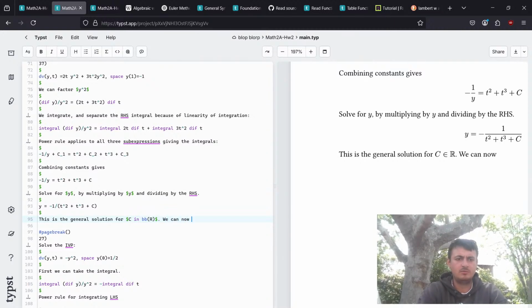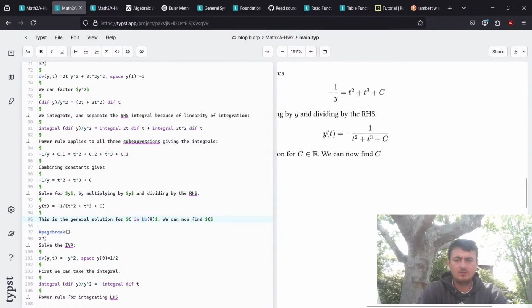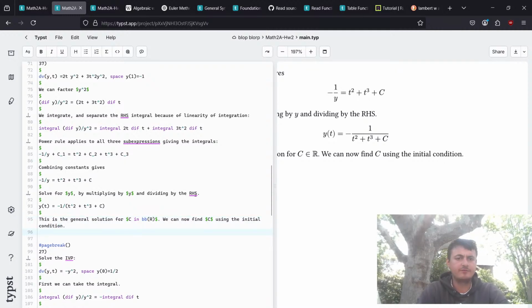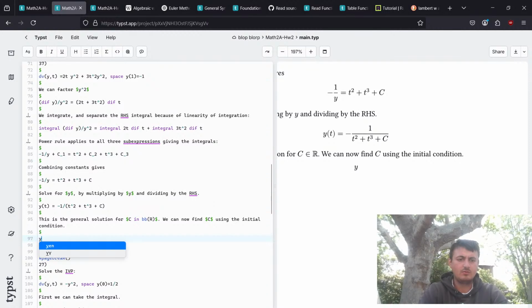We can now find C using the initial condition. So for the initial condition, we had y of 1. So y of 1 is equal to minus 1 over 1 squared. Oh, no. Minus 1.